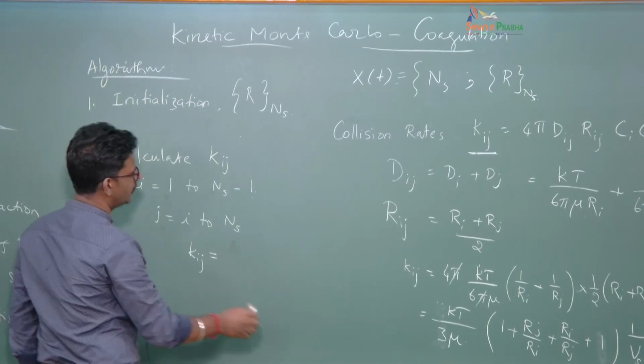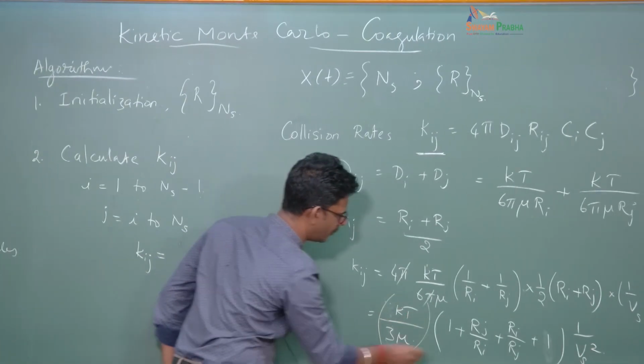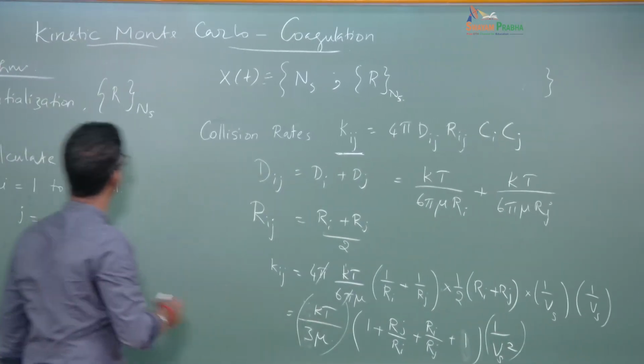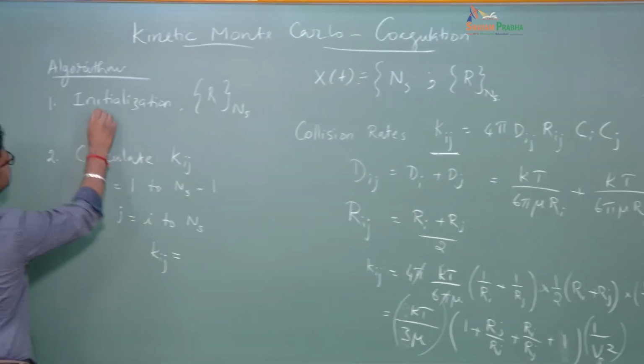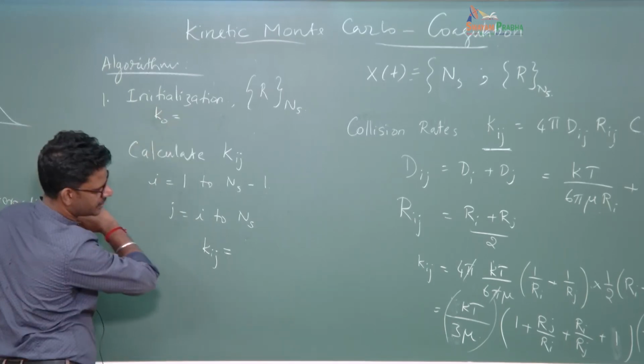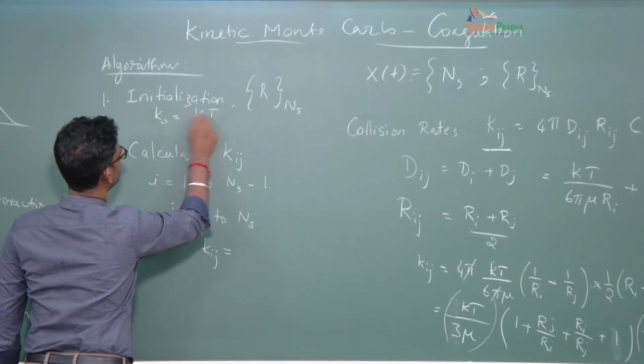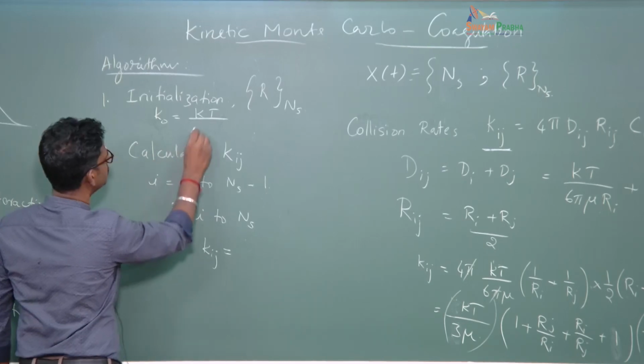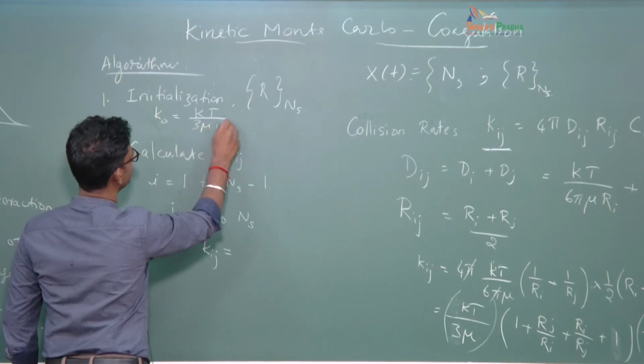If you like, you can combine all these prefactors into some constant, and you can initialize that here itself. So let's say some k naught is defined as Kt by 3 mu Vs square.